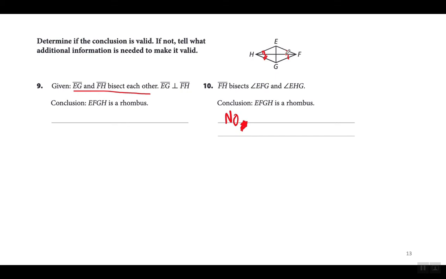So based on this information alone, we cannot say that it's a rhombus. If it would have said that it's a parallelogram, then yes, according to what we learned today, if a diagonal of a parallelogram bisects a pair of opposite angles, then yes, it's a rhombus. But because we don't know it's a parallelogram, we cannot say that, okay?